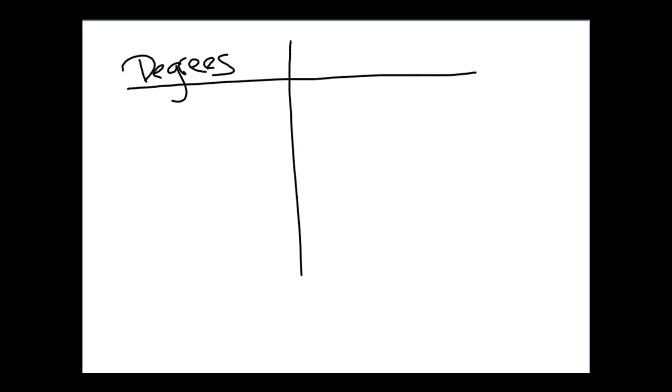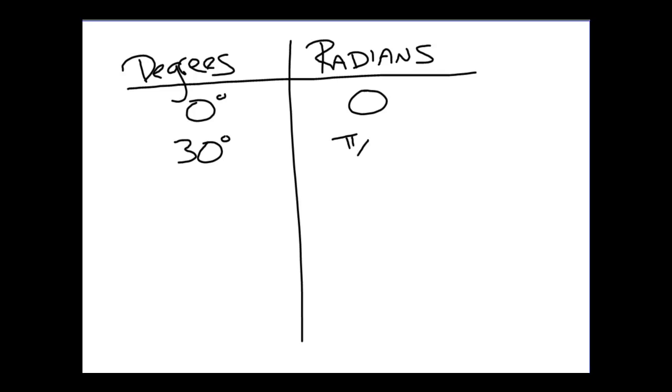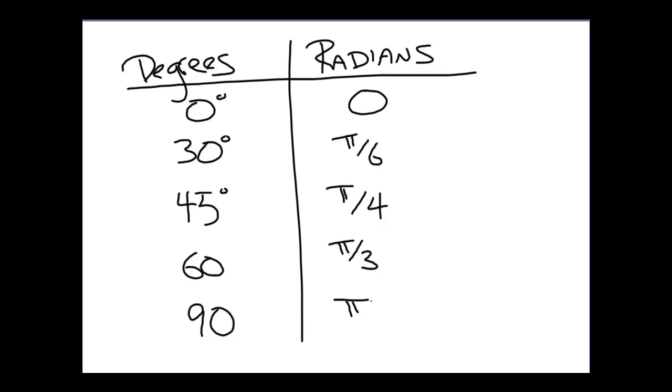So if we make a little chart here, talk about degrees and radians, clearly 0 degrees is the same as 0 radians. 30 degrees will be pi over 6 radians. 45 degrees is pi divided by 4 radians. 60 degrees is pi over 3 radians. 90 degrees is pi over 2 radians. So this is a quick conversion between some of the common angles that we have been working with in trig functions and degrees, converting those into radians.